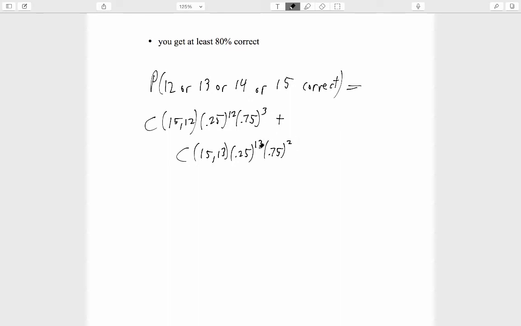Notice how if there are 13 correct answers, there must be 2 incorrect answers. These exponents have to add up to 15. They have to add up to the number of shots at the target, or the number of questions on which you're guessing. Whatever n is, the 2 exponents have to add up to n.